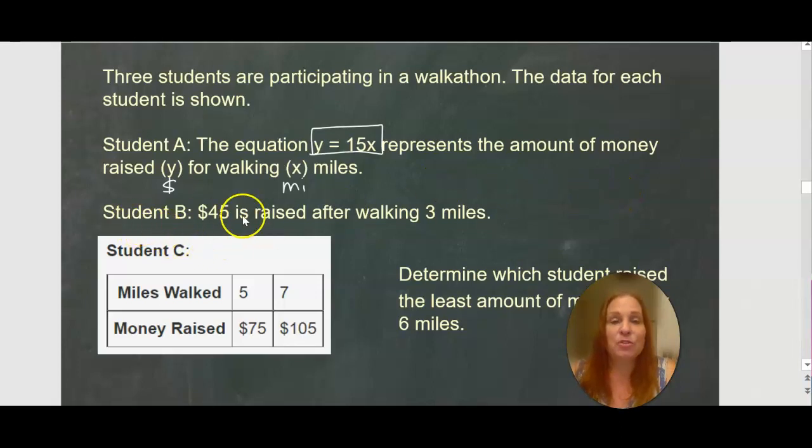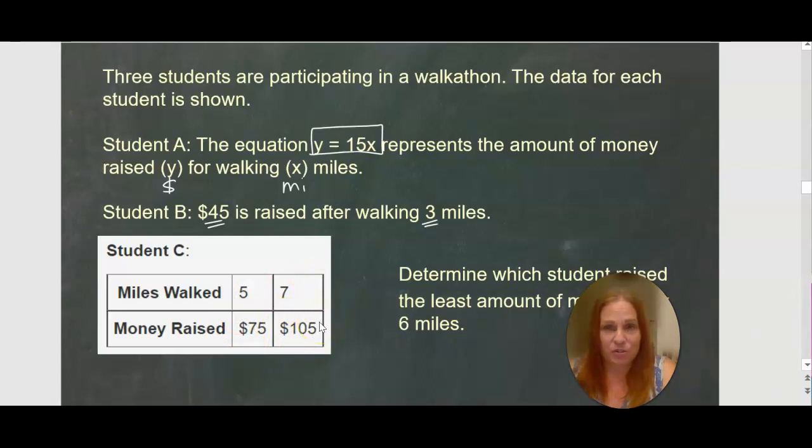Okay. Student B raised $45 for walking 3 miles, and then student C, we have 2 different points that we can use. 5 miles raised $75 and 7 miles raised $105.